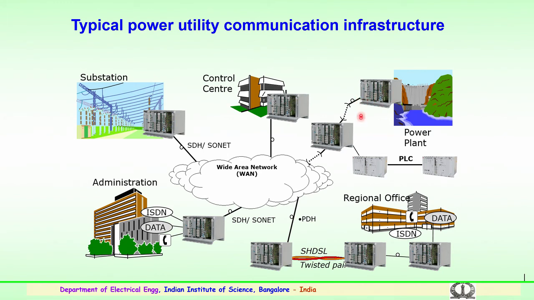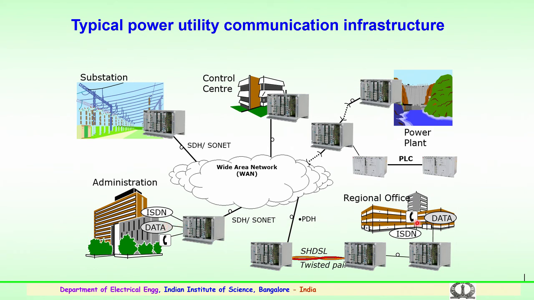From here the communication is generally done by various newer technologies which are being adopted. It could be a wide area network using LAN connectivity or wireless connectivity, and this communication is helpful in collecting the data and supplying it to the administration or the control arrangement.